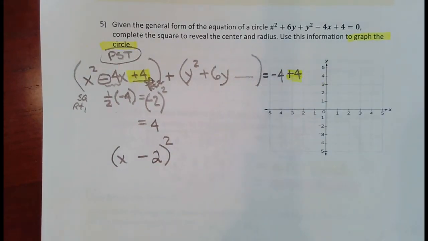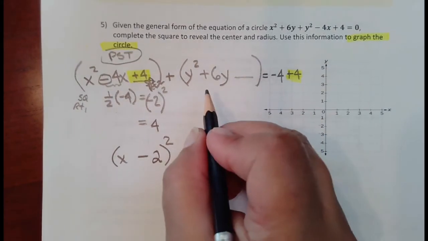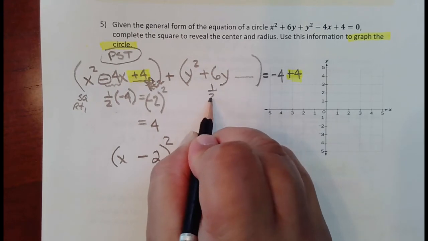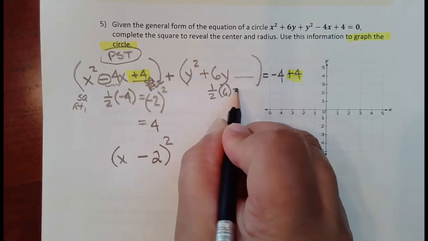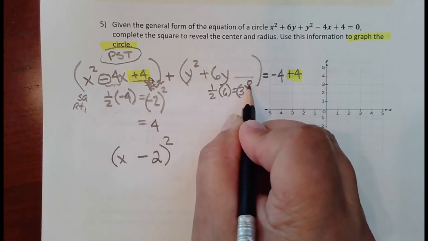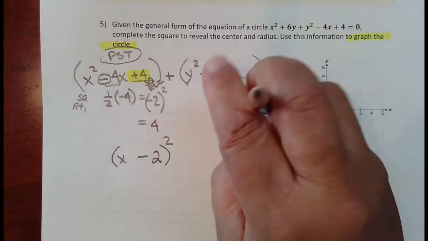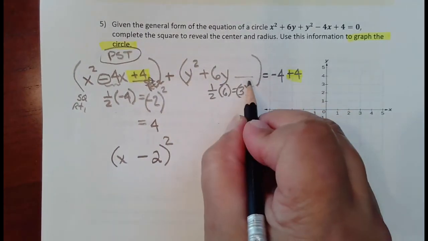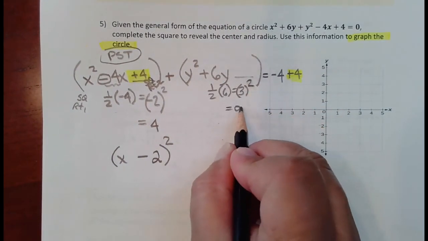Okay, so again, we added this 9 to complete the Y family and therefore added 9 on the right-hand side as well. Okay, let's take this new perfect square trinomial that we just created, get it in factored form.